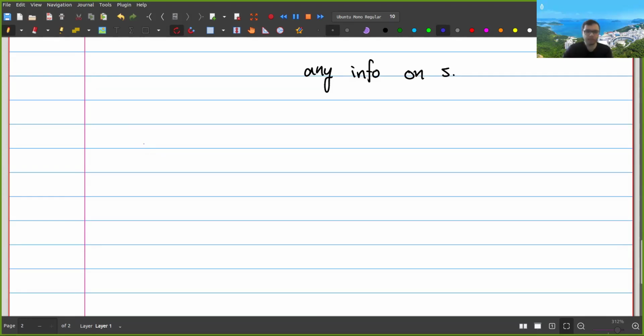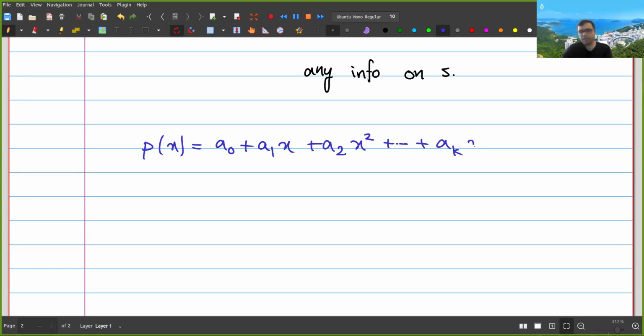So let's say I have a polynomial p, and p of x is something like this. It's a0 plus a1x plus a2x squared, and so on, to akx^k. Okay. This is my polynomial of degree k. Now, suppose that I want to send this polynomial to you. How can I encode this polynomial?